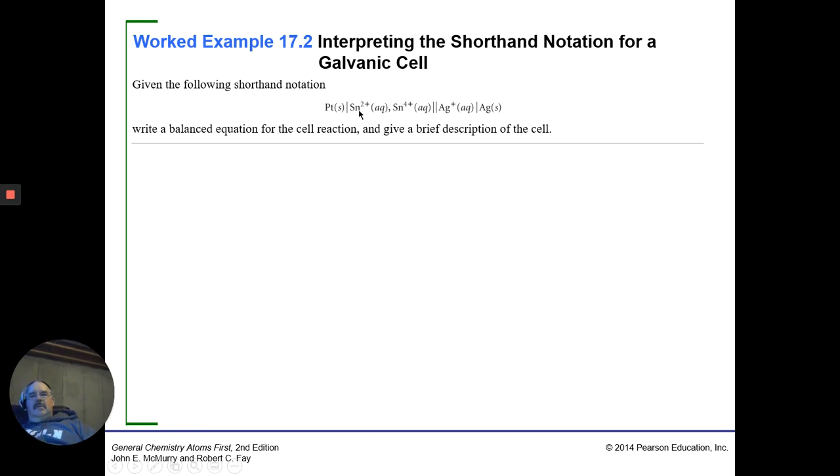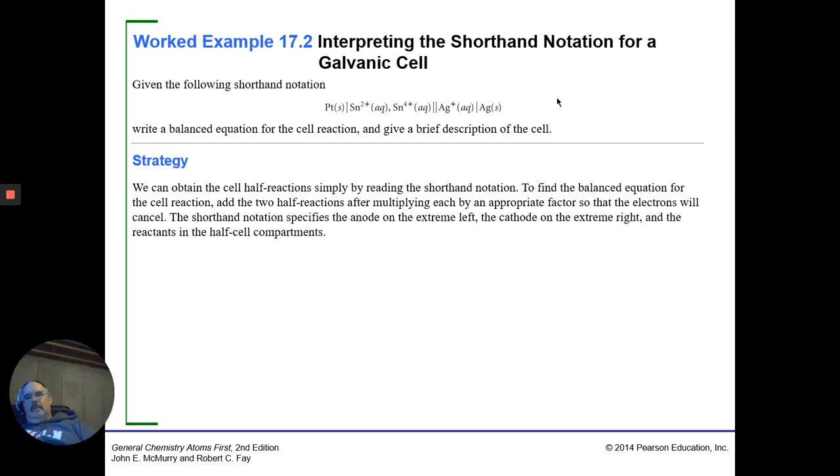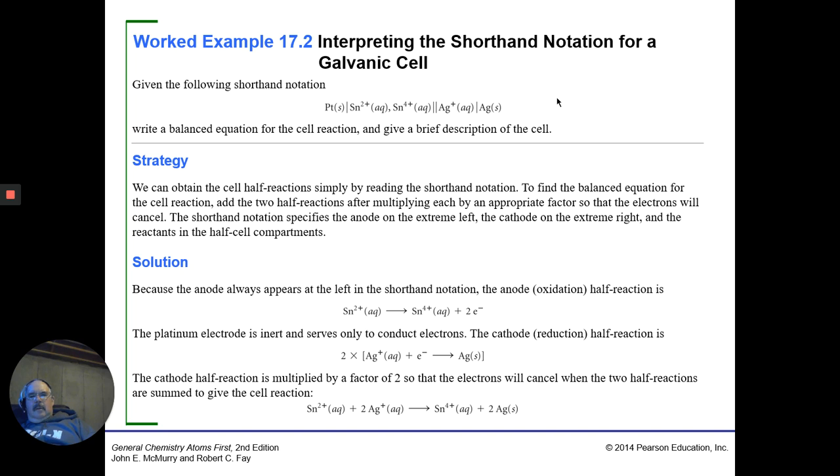Okay, so tin 2 would be the anode, and silver ions would be the cathode. I'm sorry, silver metal would be the cathode. Okay, so here's the half reaction involving tin 2 and tin 4.